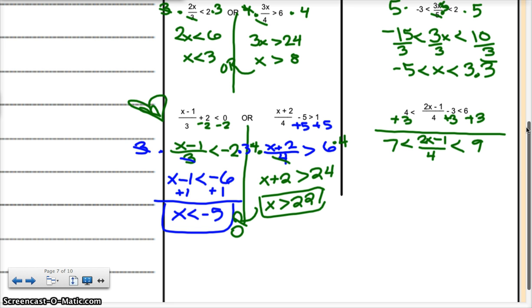So I multiply through by 4 to everything, maintaining the balance of algebra. 28 is less than, the 4's cancel, 2x minus 1, which is less than 36. I picked ugly numbers here. I see I'm going to have 2 fractions. It's okay though. Just trust your algebra.